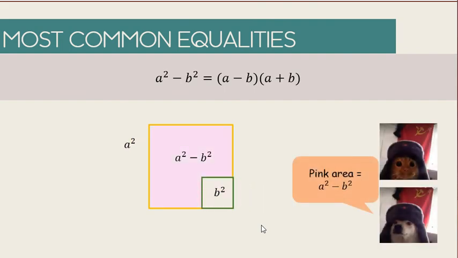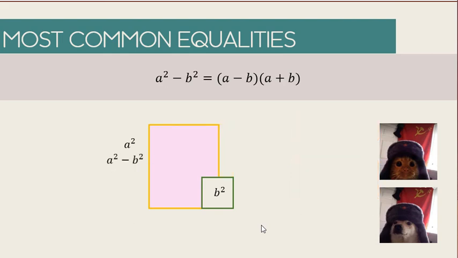The pink area, when we subtract the b squared part from the a squared, now we have the pink remaining area, which is equal to a squared minus b squared. So far so good, right? That's right. So we know that a squared minus b squared is equal to the pink area.